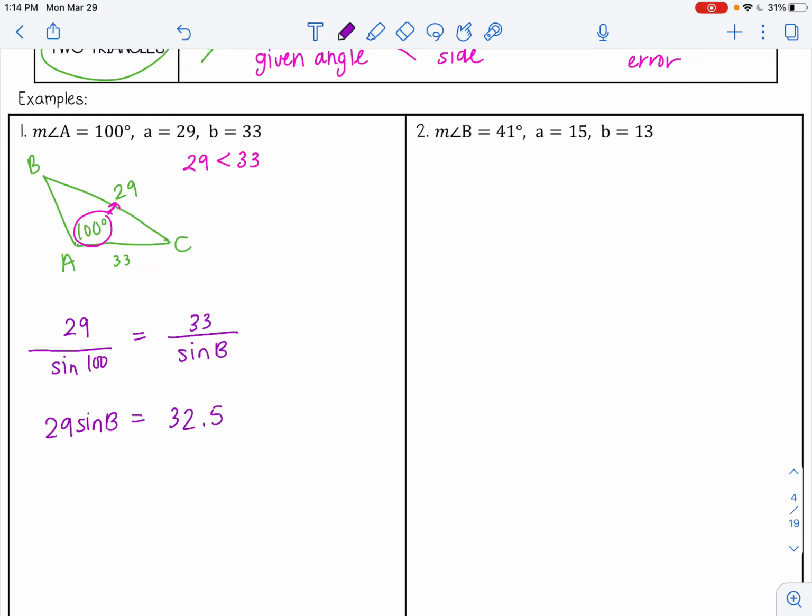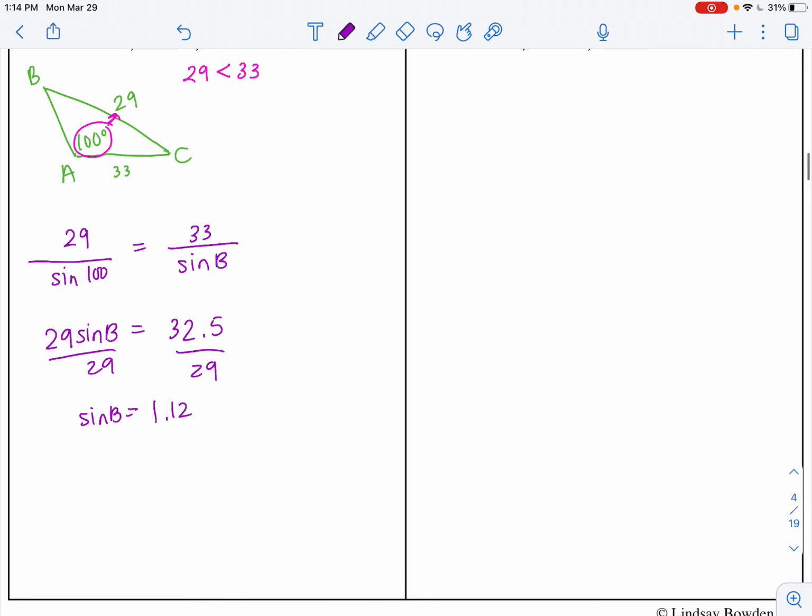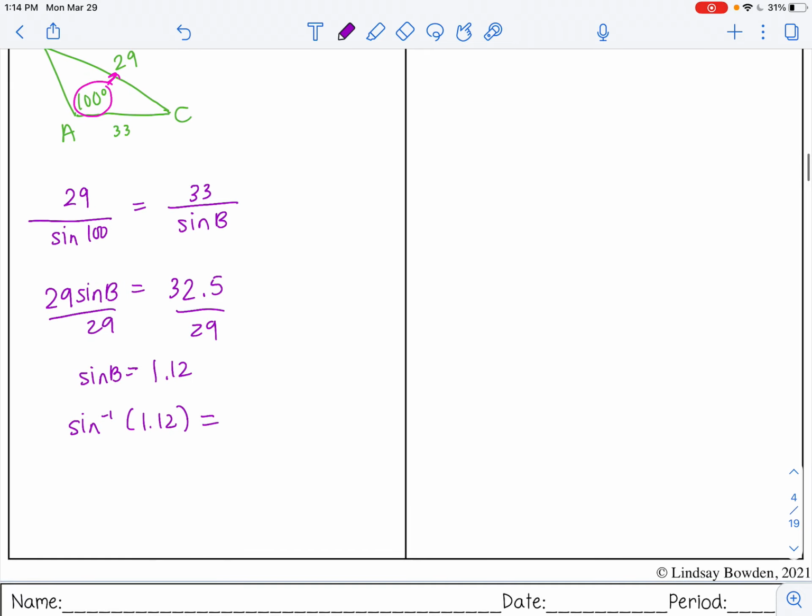Divide. And then to solve for angle B, we would use the inverse sine. And because that number is greater than 1, that's going to be a domain error. So that means no triangle can actually be formed using that 100-degree angle and those two side lengths.